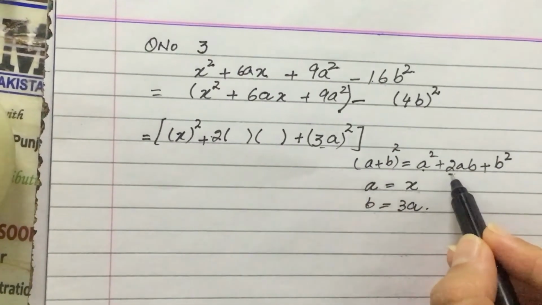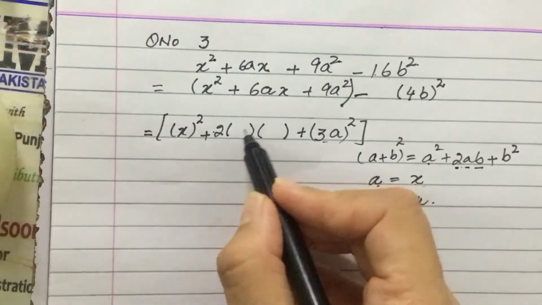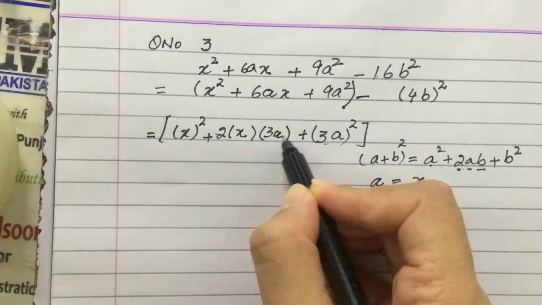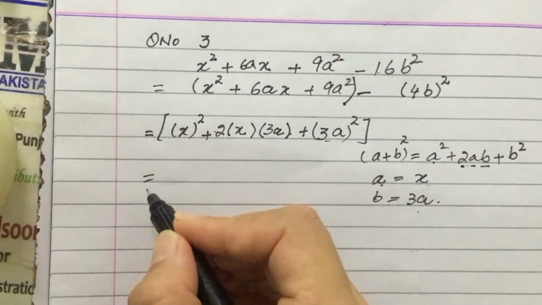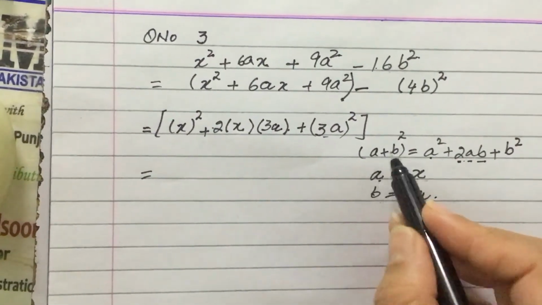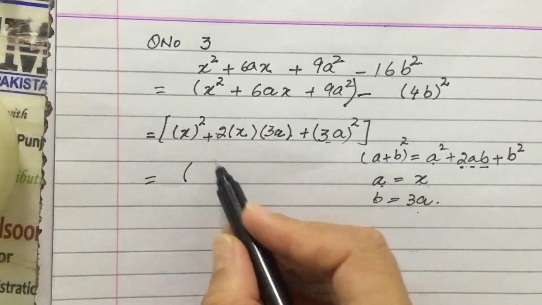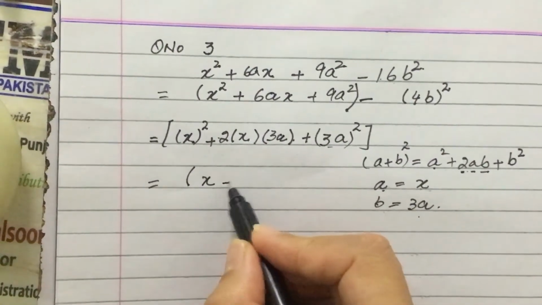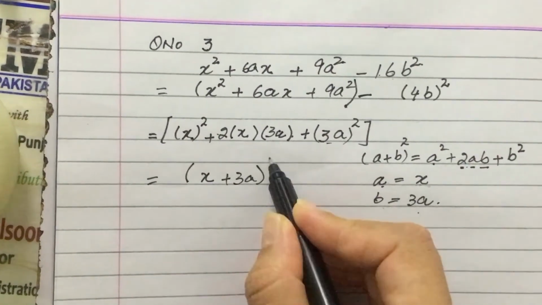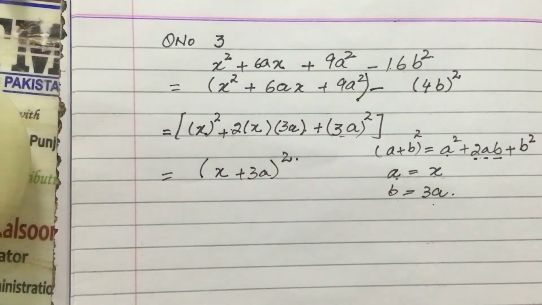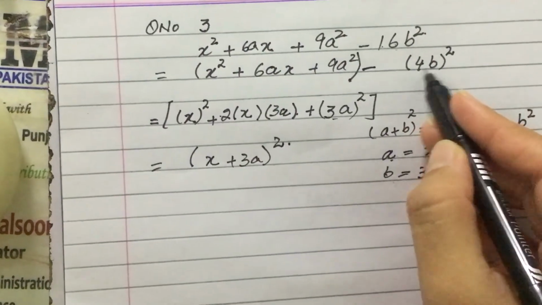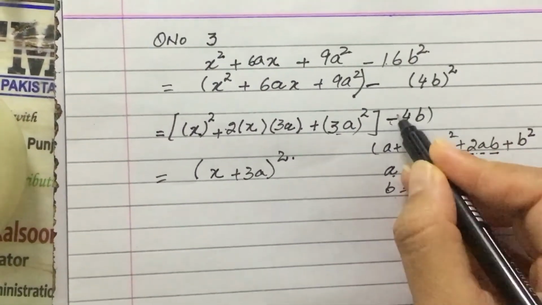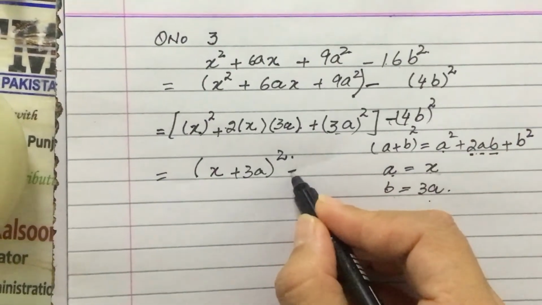In the formula there is 2ab, so 2 into x and value of b is 3a. I can write this form in squared form, that is a plus b whole square. A is x and b is 3a. It will be x plus 3a whole square. Do not forget to write 4b whole square as the last term.